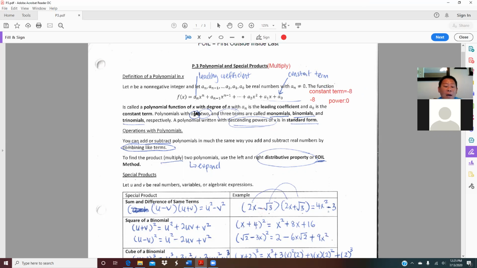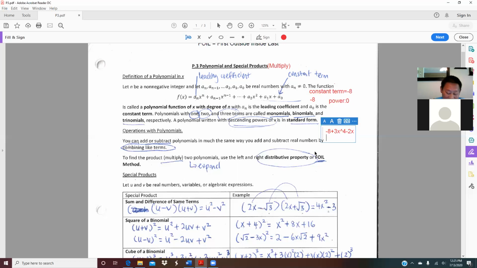Okay. And then when you write a polynomial, usually we write this in descending powers of x. We call it standard form. So if I give you negative 8 plus 3x to the power of 4 minus 2x, this is not what we call standard form because it has to arrange your powers from high to low.